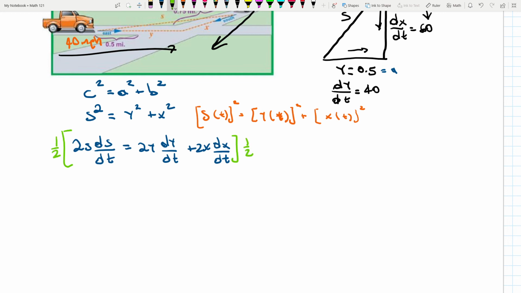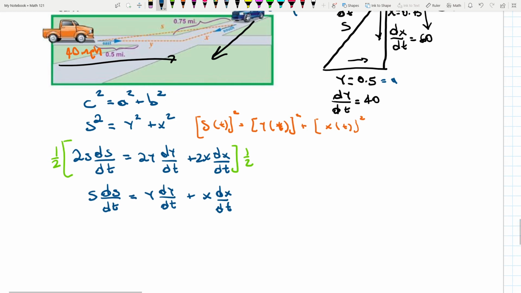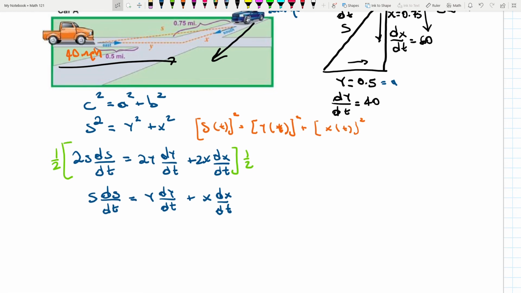Everything is divisible by 2. That is s ds/dt equals y dy/dt plus x dx/dt. This is the model that ultimately we will work with.